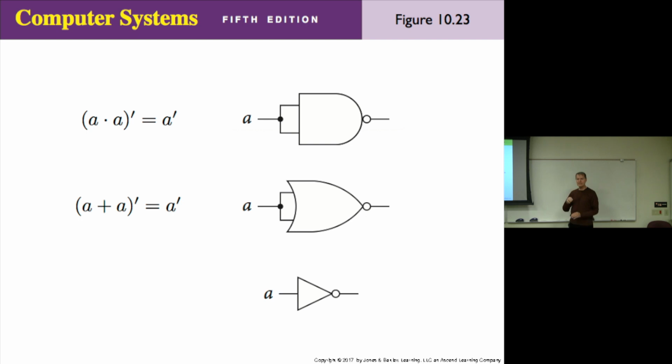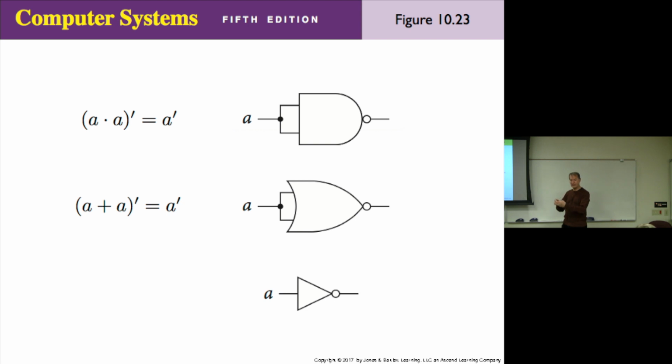What that means is that if you were stuck on a desert island and you had only NAND gates, you could build an entire computer with just NAND gates, because any function that you want to construct can be done with two-level NAND, which gives you the AND and the OR.